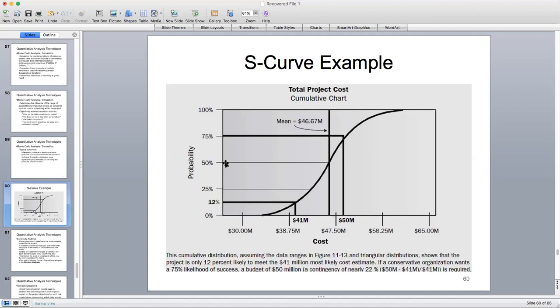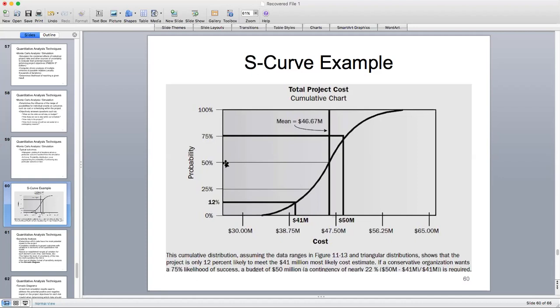But there's still a 50% chance that the project will cost more than $46.7 million. So then the question becomes, a discussion has to occur, which is, is the organization willing to accept a confidence level of 50% based on our original PERT estimate of $46.67 million?